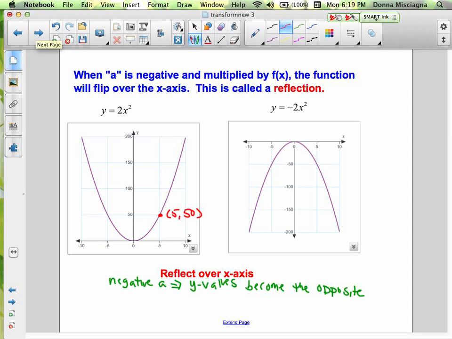If we look at the graph on the right-hand side, y equals negative 2x squared, we have that same point at 5, but instead of being at positive 50, it's going to be at negative 50. Right? And that's because that negative a value has reflected our graph across the x-axis.